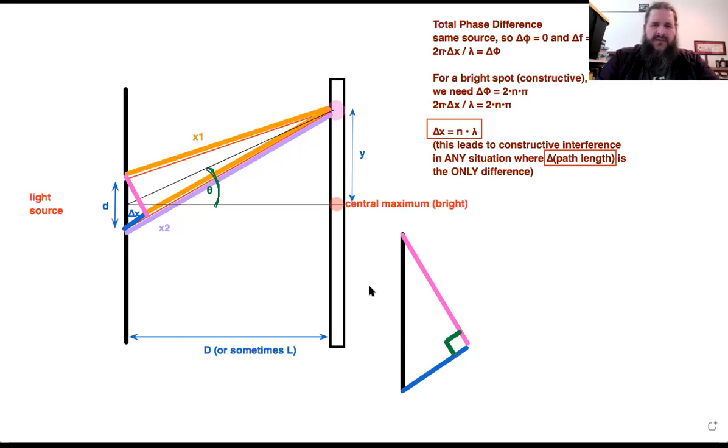We know this vertical distance is d, the distance between slits. And this short side here is delta x. That's the distance we actually want to find. Do we know any of the other angles?